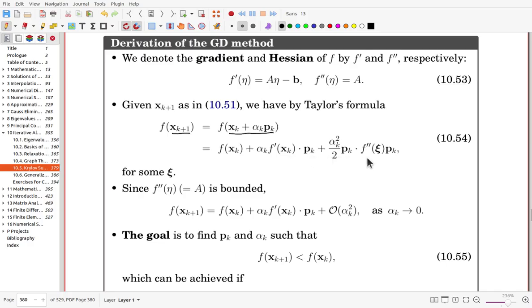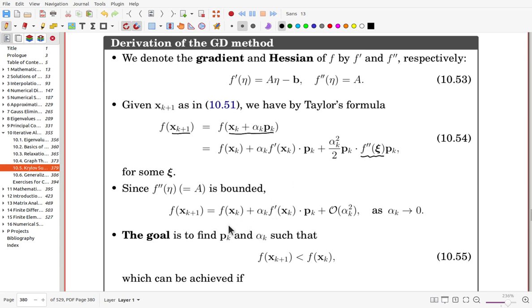And here in the second term, we stop. In fact, for this function, the third derivative doesn't exist. It's constant. And there's alpha_k squared over 2, and we have this Hessian and p_k. So that is the Taylor expansion.